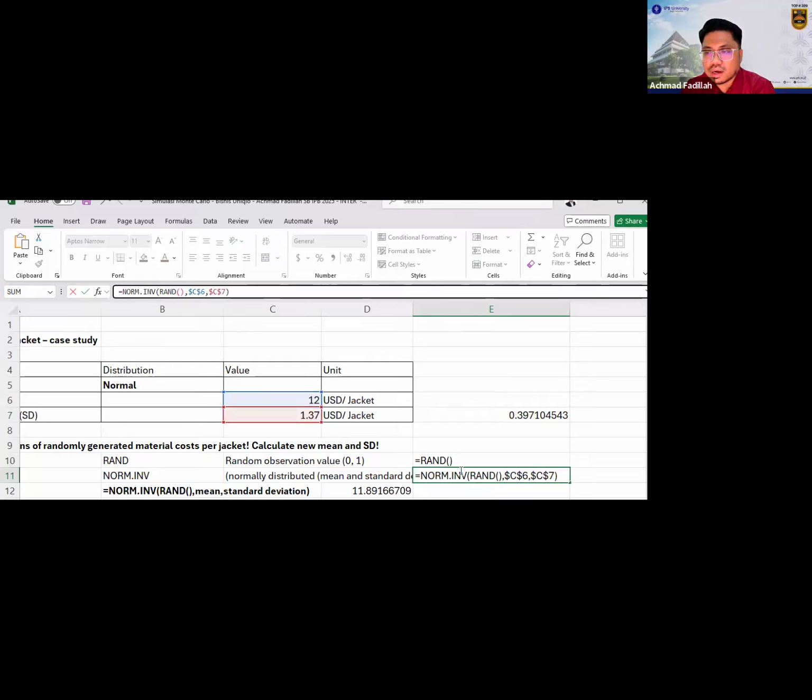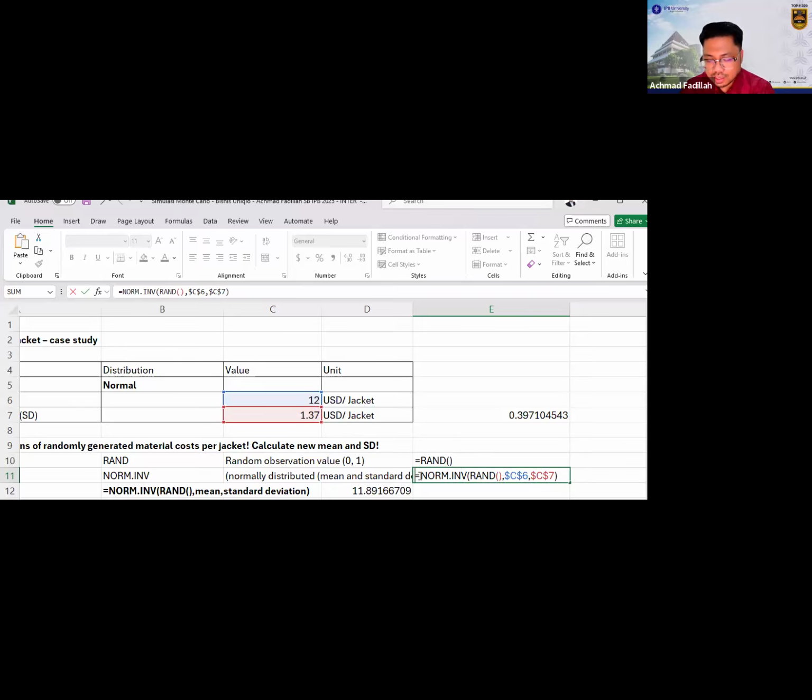Now NORM.INV, just write like this, and then you put the probability, and we have this probability number from this RAND, with the two brackets here. And then you need to put this probability, the mean, which is 12 for the material cost in USD, and the standard deviation here. And then we get the number.